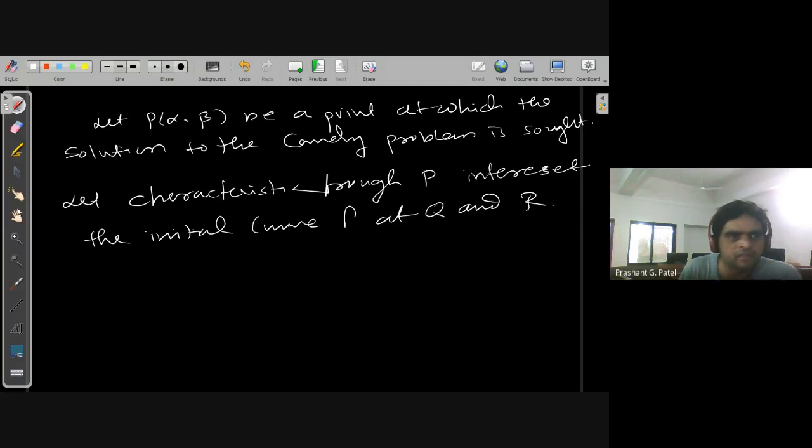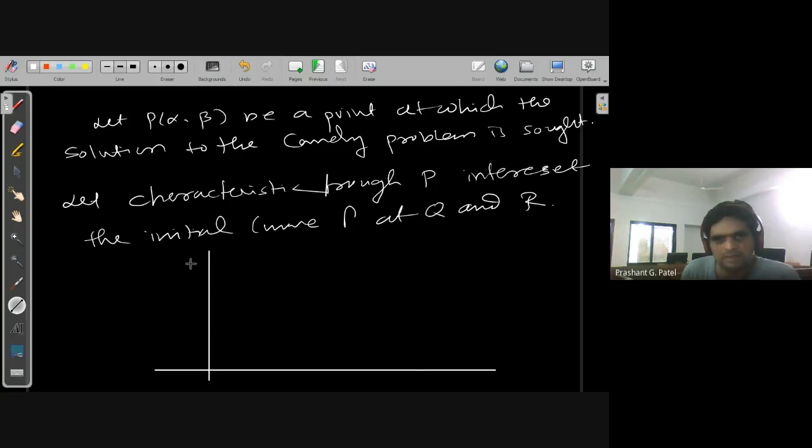Let us see the figure. Let us consider this is your x-axis and this is your y-axis. Let this be your initial curve gamma.